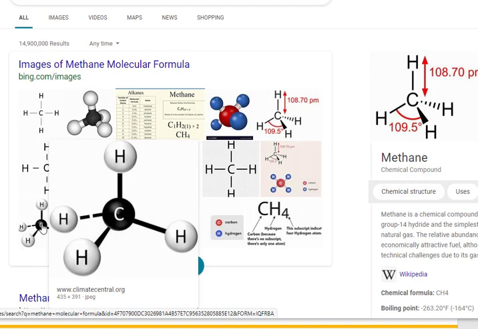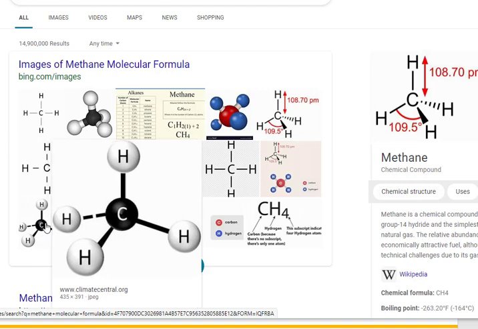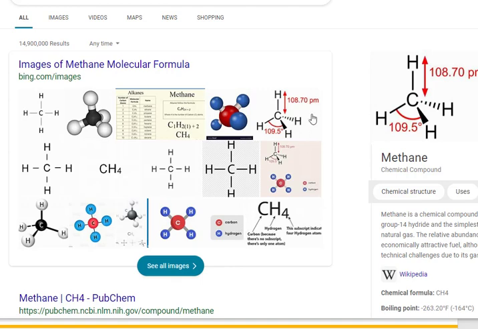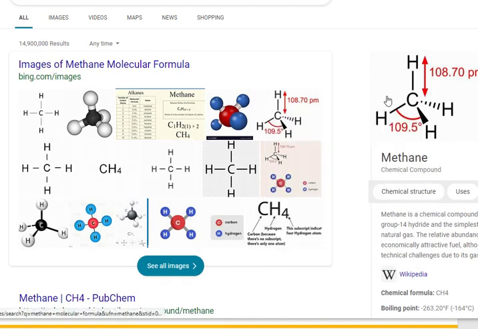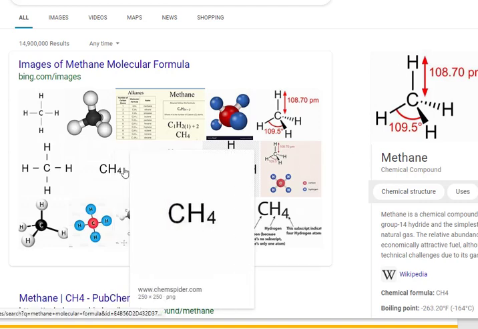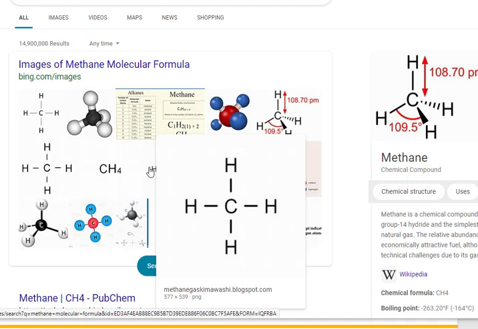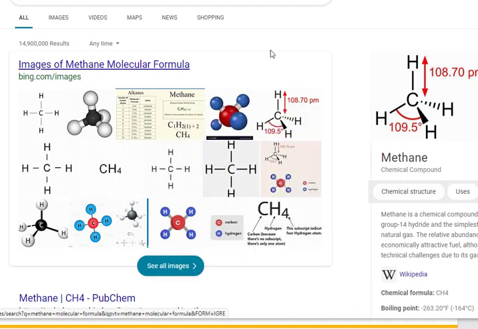So they're showing you that it actually is like a pyramid. Here they're trying to show you all the bond angles. What's interesting to me, carbon with 4 hydrogen is methane, and that's what we call natural gas, or to be crude, that's a fart.